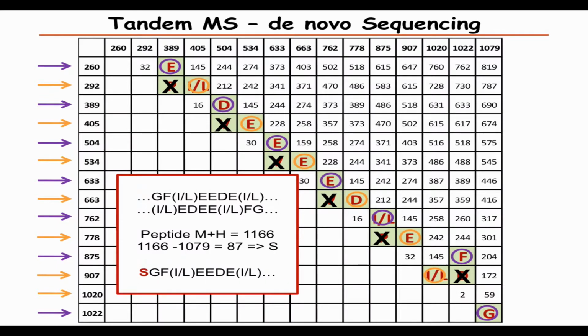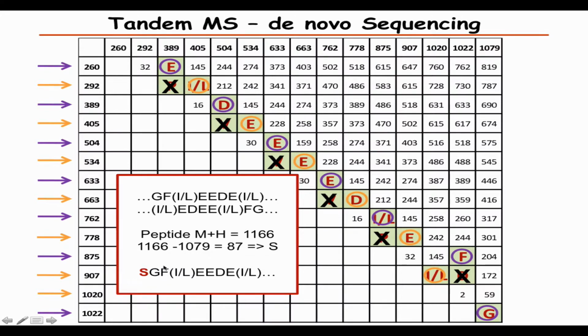So what we can do is then we can look at the full peptide mass. We have the difference between this one ion, the 1079 here, which is at the end after this G. We see that to get to the full peptide mass from there, we have a serine.